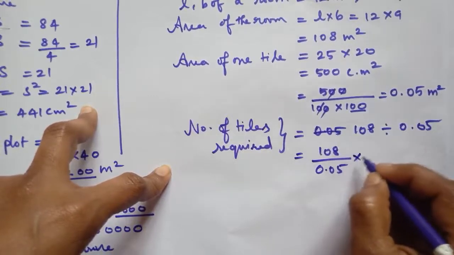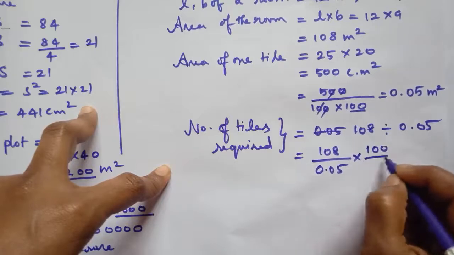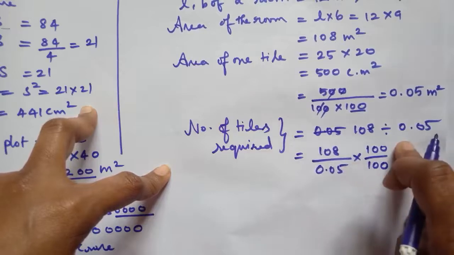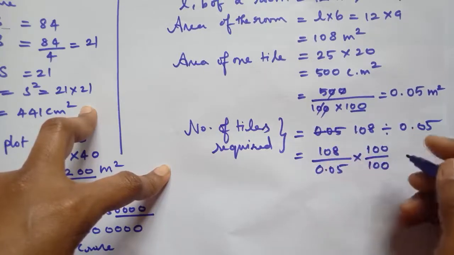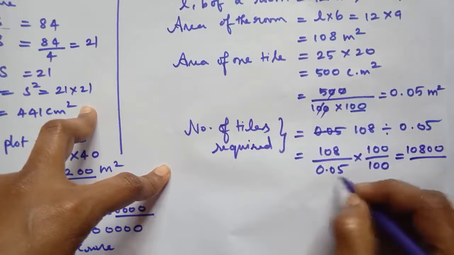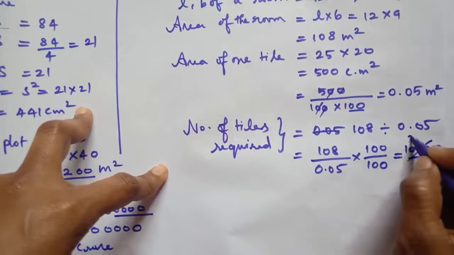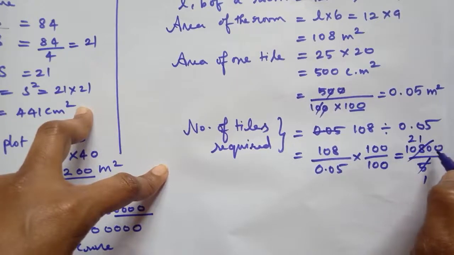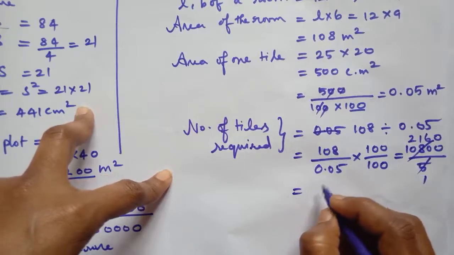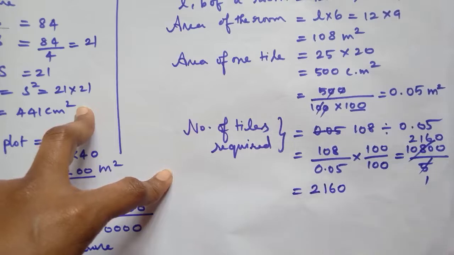You just multiply by 100 in numerator and denominator, then that is equal to 10800 divided by 5. Just cancel it: 2 fives are 10, 1 five is 5, 30, 60. So the answer, number of tiles required, is 2160. Is it clear, students?